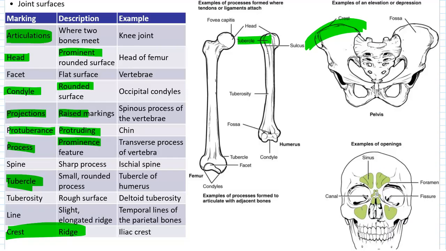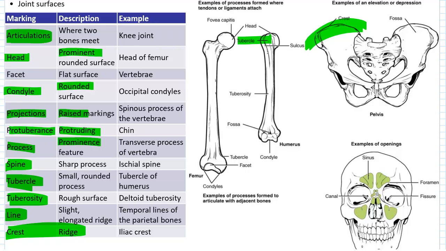Am I making sense? Okay, so it's a rhetorical question. What forms those projections? Muscles. Muscles pull on the bones and form different projections. Whenever you see any of this, a spine, a tuberosity, a line, there's going to be a muscle attached.